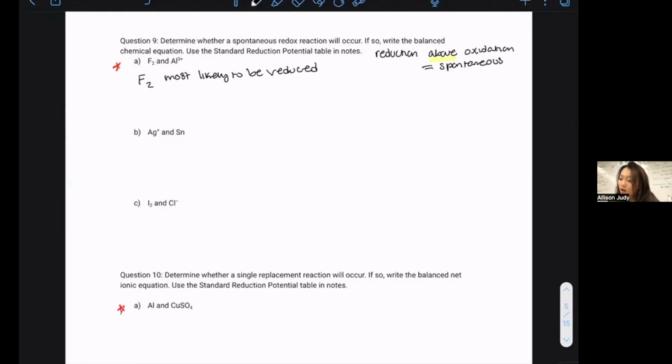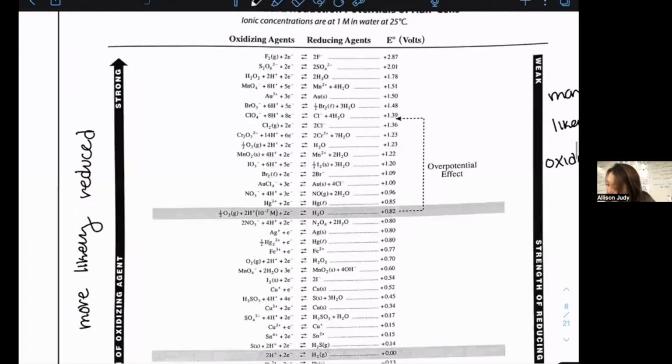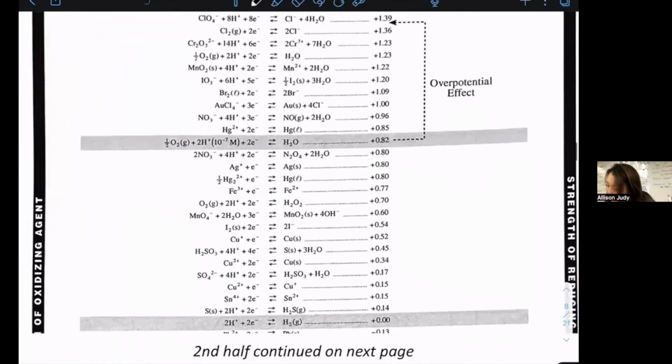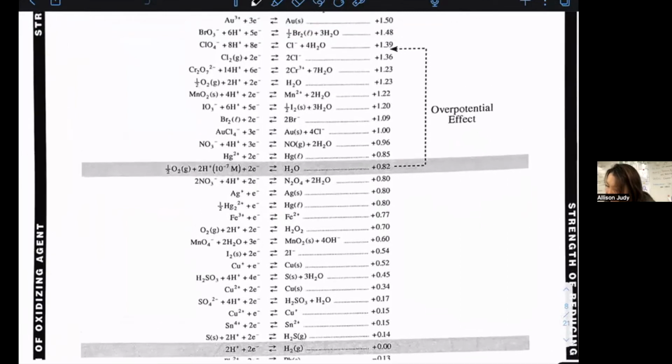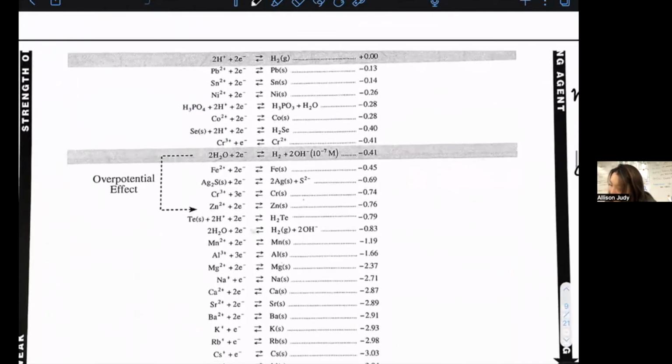On the other hand, what we see is aluminum 3 plus. Let's find that. We look down the table. Don't forget, I had to split the table for the sake of space, so I have to go down here. Aluminum 3 plus is also reduced.